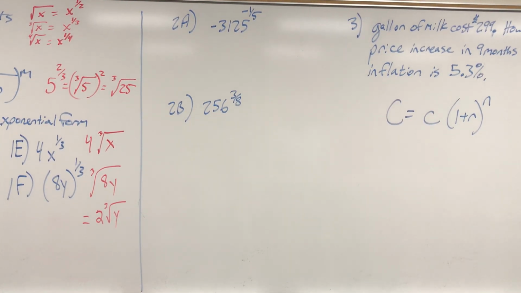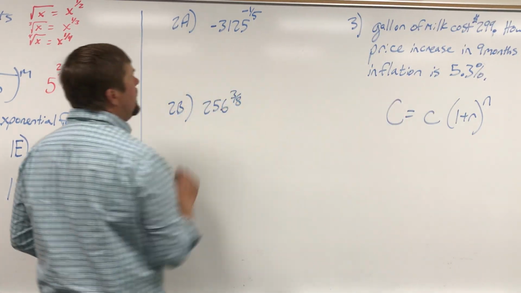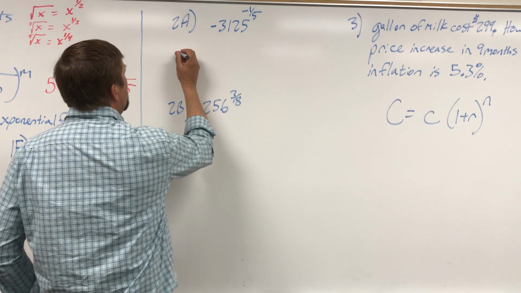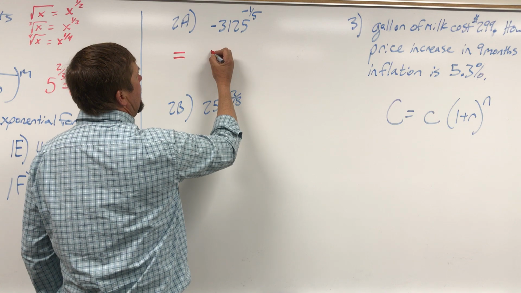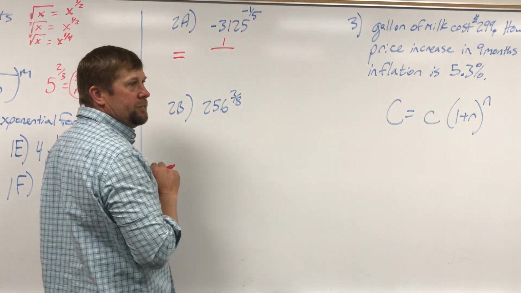All right, for 2a, we've got -3,125 to the -1/5. If I wanted to simplify this, I know that that is 1 over, because of the negative.